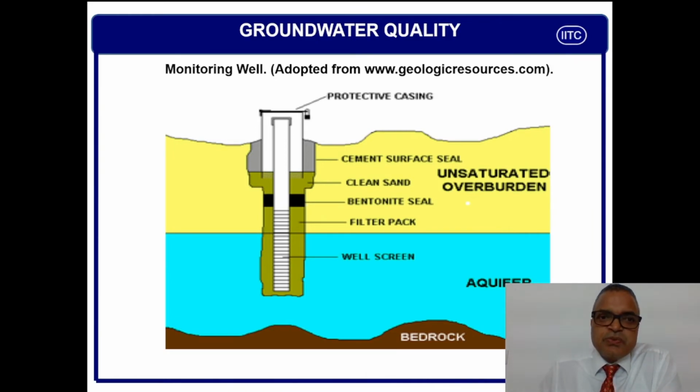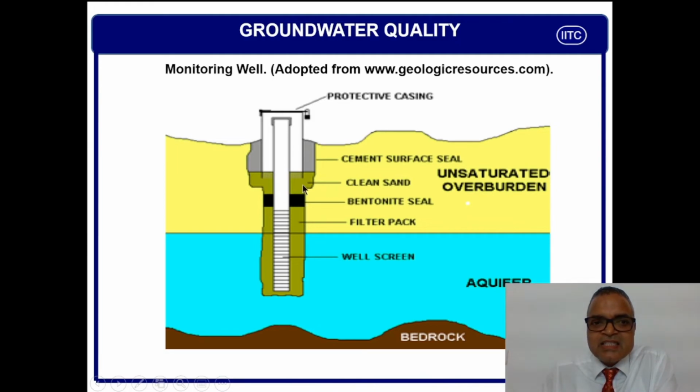Guys, you will see here how the monitoring well is constructed. This picture I have adopted from geologicresources.com. You can see here, this is the bedrock, and we have a protective casing over the well. We have cement surface seal so that no wastewater can go inside the aquifer.